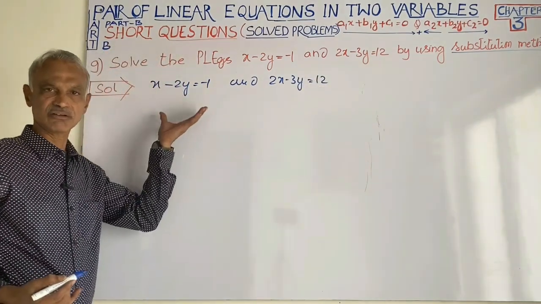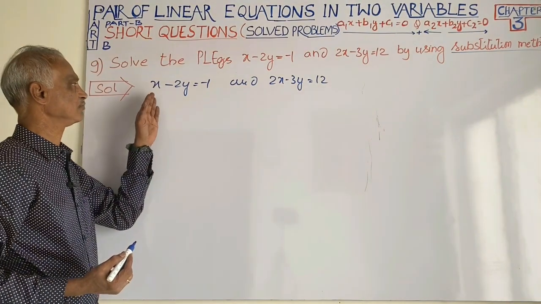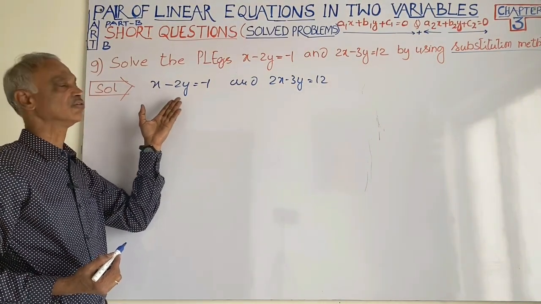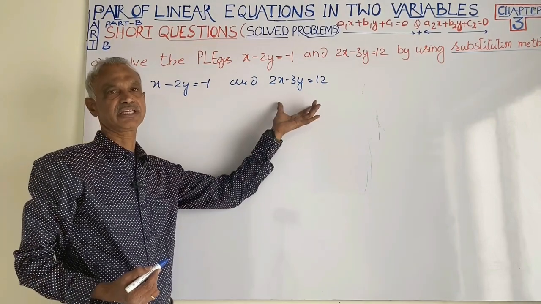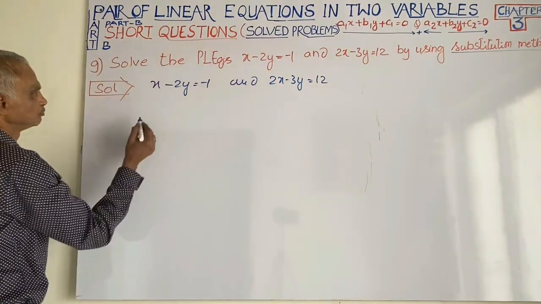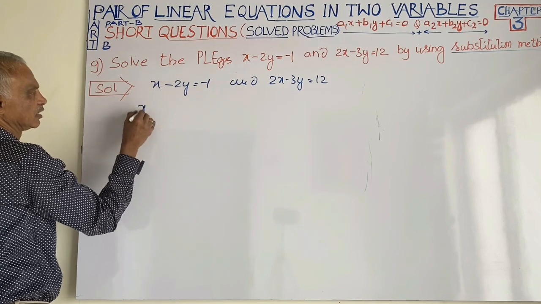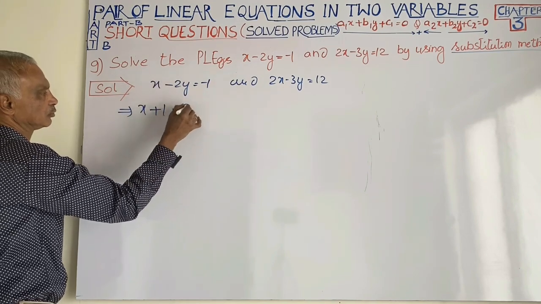See, you take one of these two equations. You have to take the value of x or y. I will take the value of y and substitute the value of y in the other equation so that you will get the value of x. Now, you bring this one this side. Implies x plus 1 is equal to 2y.